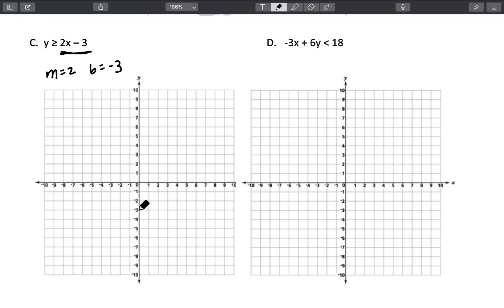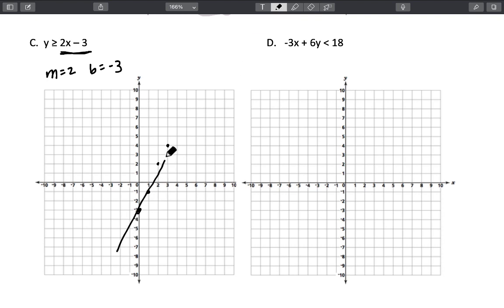So we'll plot negative 3, and then we're going to rise 2 and run 1. We will graph our line, and since it's greater than or equal to, I can connect these with a solid line. Let's get that nice and solid and straight, and that's not even close, so we're going to erase that and try it again.